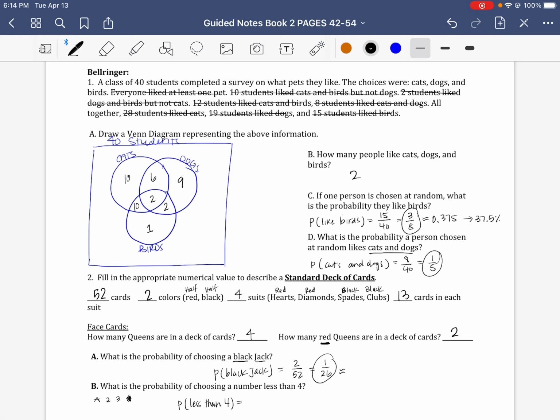So we would say ace, 2, 3, times 4 suits. That would be 12 cards that would be less than 4, out of the 52. So in this case, we would simplify to 3 over 13, or sometimes it's easier just to write it as a decimal than even to simplify that. We get 0.231. Okay.